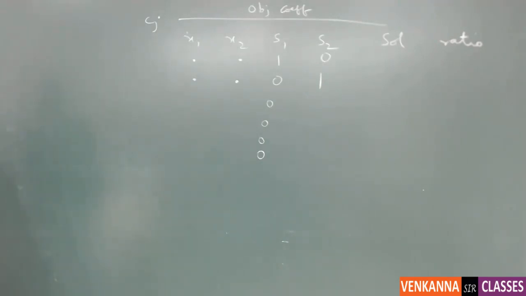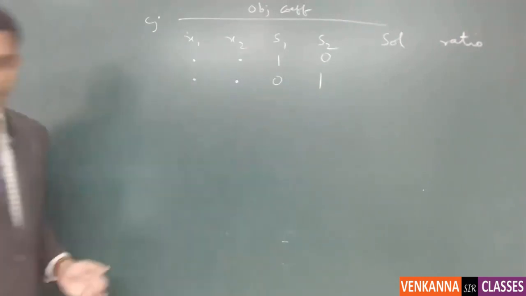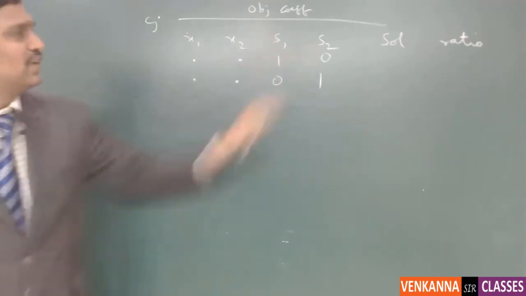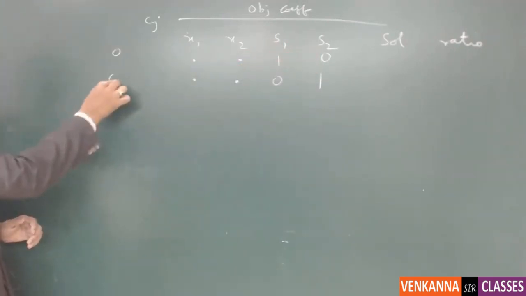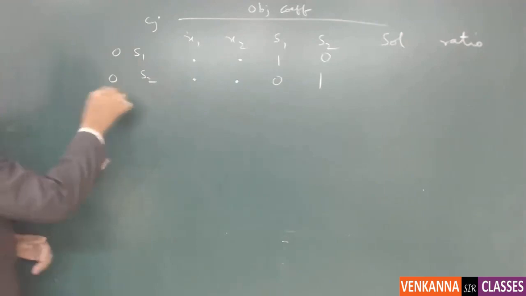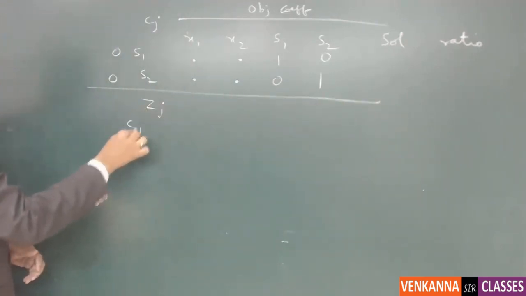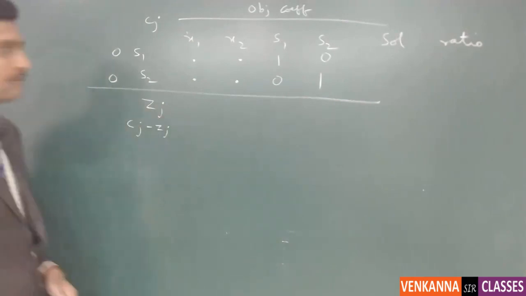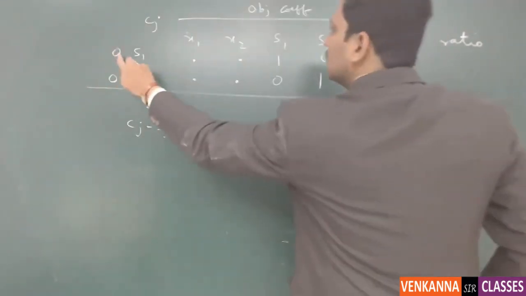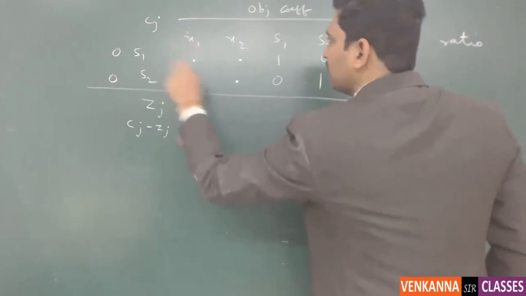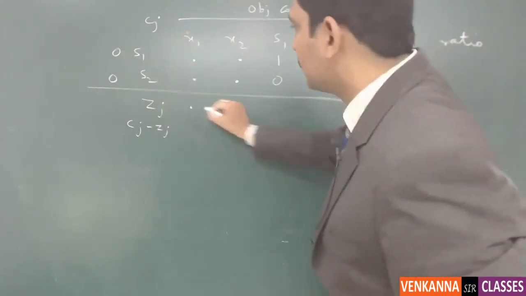Because S1, S2 are present in only one inequality, not the other. Right. Now what I am doing, the coefficient of S1, S2 is obviously 0. They are taken here. Now I am calculating Zj and Cj minus Zj by simply multiplying these coefficients with the corresponding values. I will get some numbers.